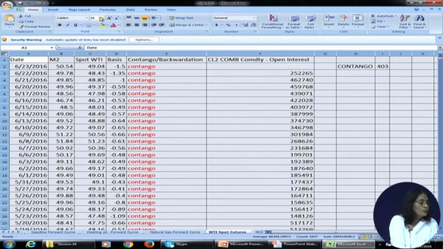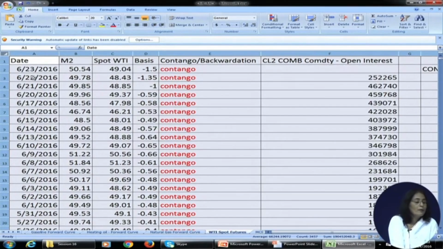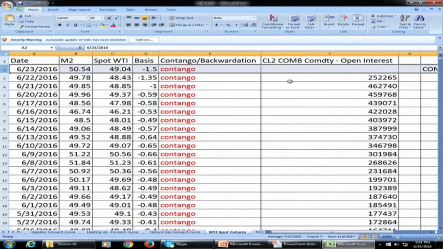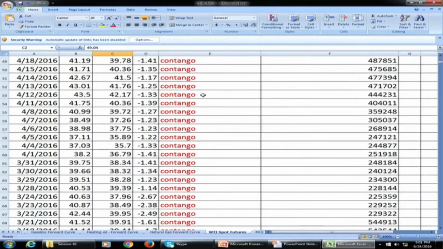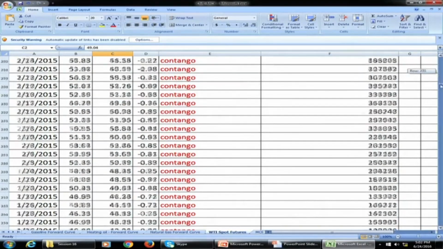What I have done is, from Bloomberg, I have downloaded the data for the August contract, that is the M2 contract, and I have downloaded the spot price prevailing on all these days, calculated the basis, and based on that found out whether it is contango or backwardation. For a substantial period of time, it is a contango market.